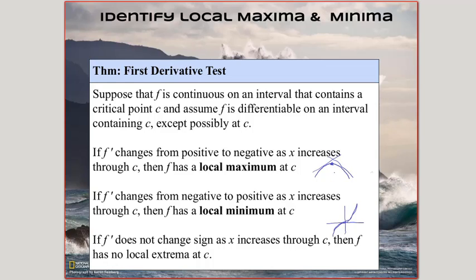So the idea is, if we want to test a critical number to see if it's a local maximum, we can just look on either side and look at the derivative. And if the derivative on the left is positive and the derivative on the right is negative, then we know we have a local maximum. But if the derivative on the left is negative and the derivative on the right is positive, we know we have a local minimum.